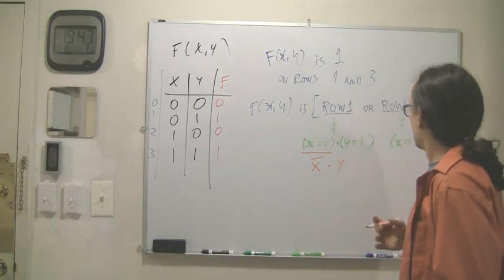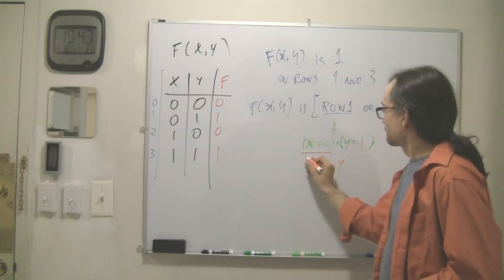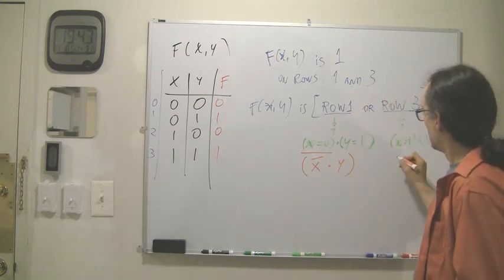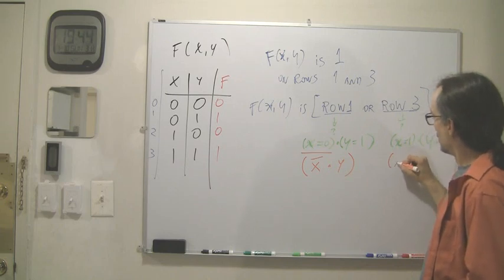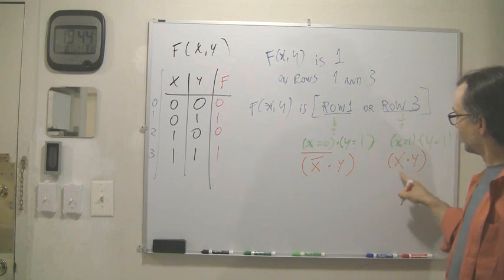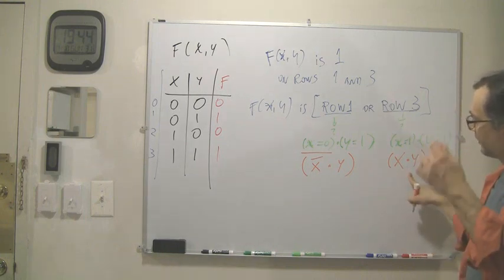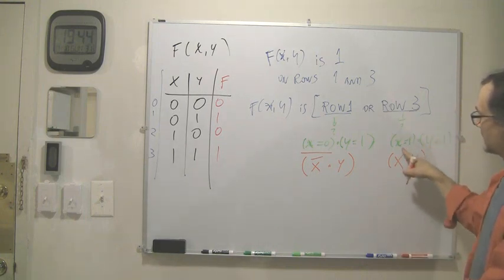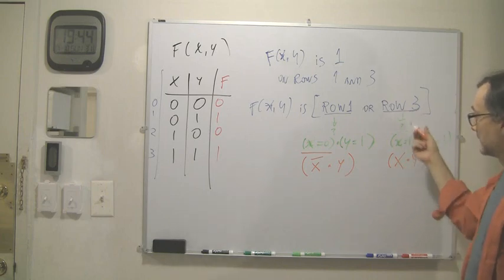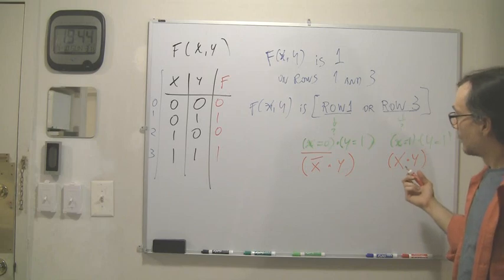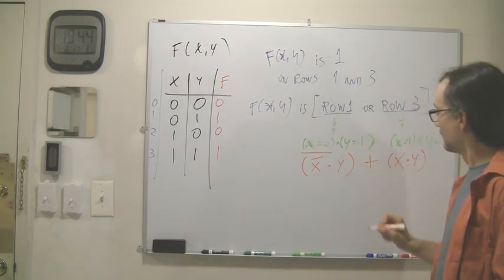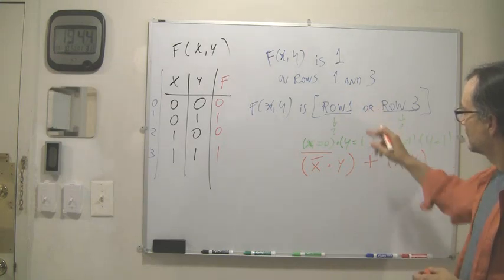That's, I hope, obvious. So this encodes row 1 fully. And here we can encode row 3 likewise as the product between x and y. And this product is going to be true if and only if x is 1 and y is 1, which represents row 3.